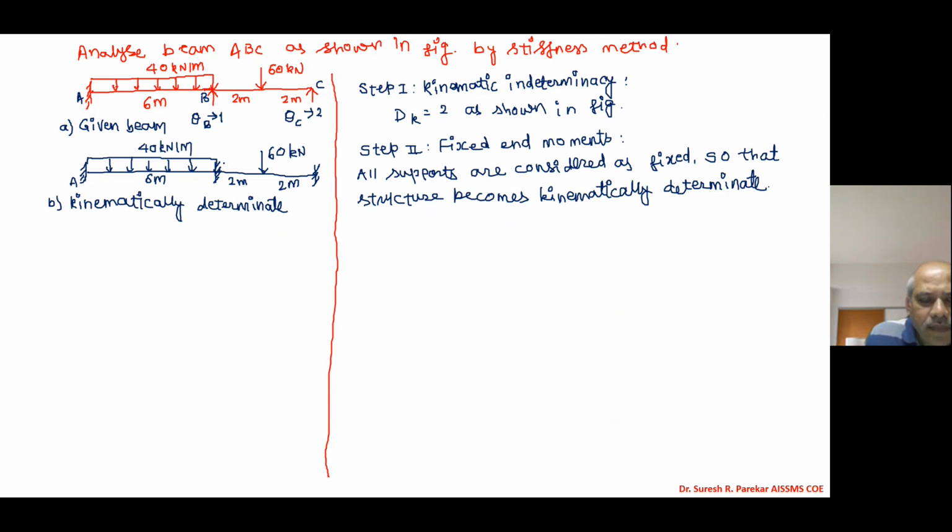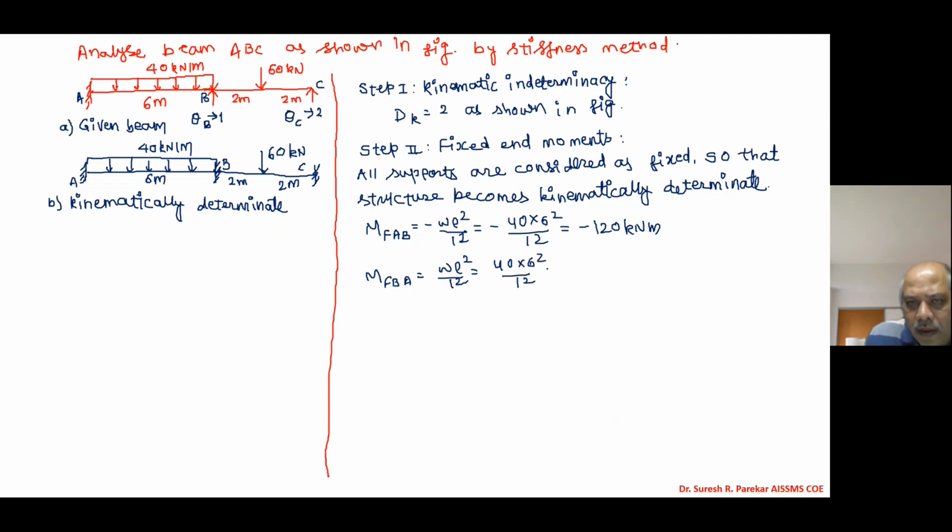So A, B, C. Now we will find the fixed end moments. We have MF AB equal to minus WL square by 12, that is minus 120 kilonewton meter. Then MF BA is WL square by 12, 120.